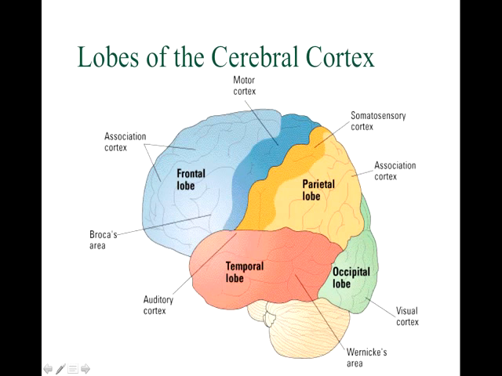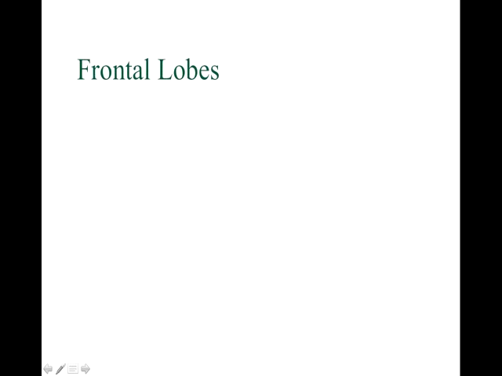Okay, we're going to talk about each one of these pieces one at a time. So you may want to save this slide somewhere and then come back to it because I'm going to have each piece on a different slide, but we're going to start here in the front. The frontal lobes are here on your head, forehead, here-ish. At the very back is the primary motor cortex, that's why it says posterior.